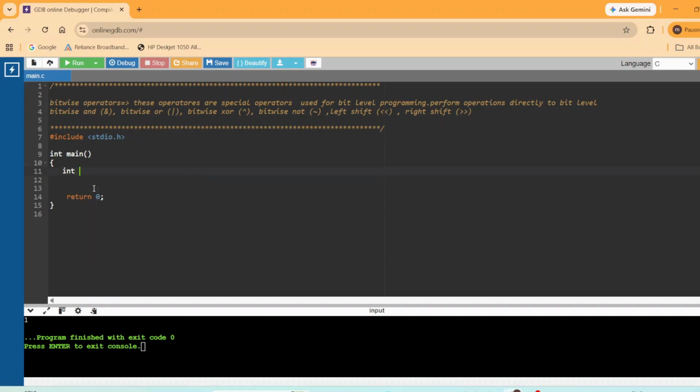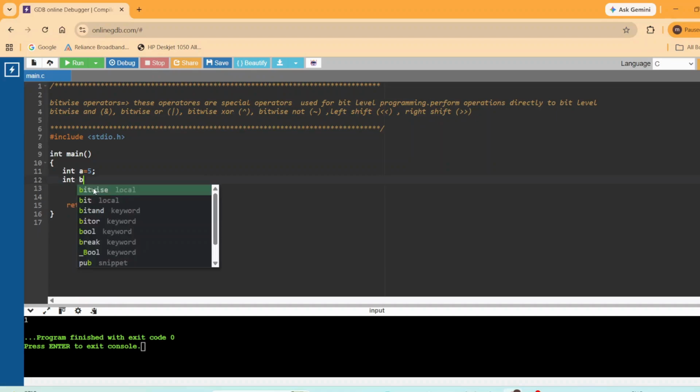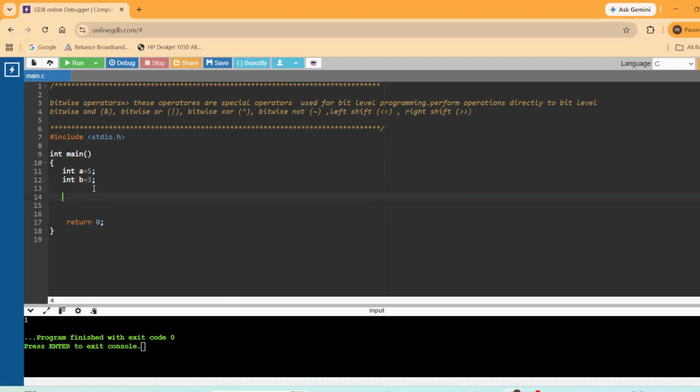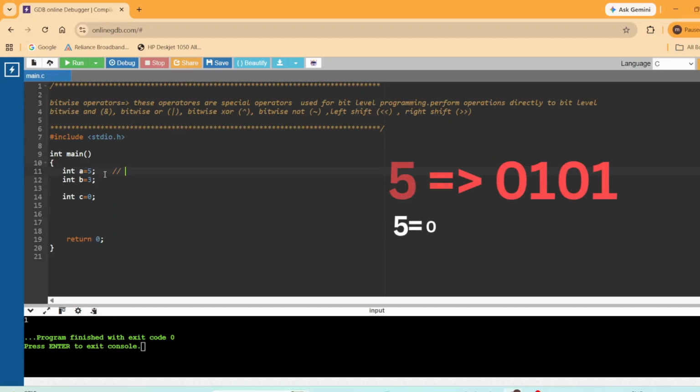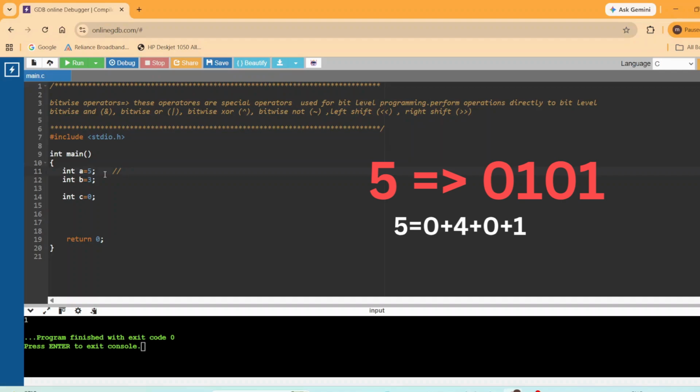Here we have one variable, int a is equal to 5. Int b is equal to 3. And we have one variable, int c is equal to 0. So the binary representation of 5, we can just calculate in 4 digits, is 0, 1, 0, 1.